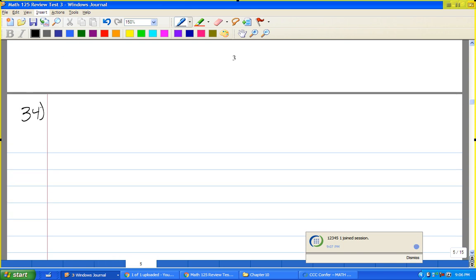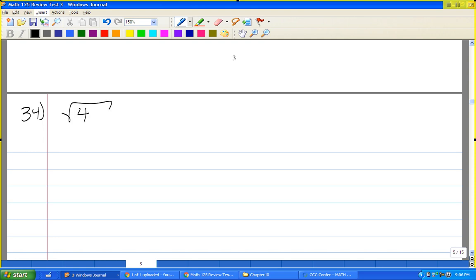Problem number 34, the square root of 4x is equal to negative 2. Let me square both sides of my equation. The square gets rid of the square root. Negative 2 squared is 4. Divide both sides of the equation by 4. And so x is equal to 1.